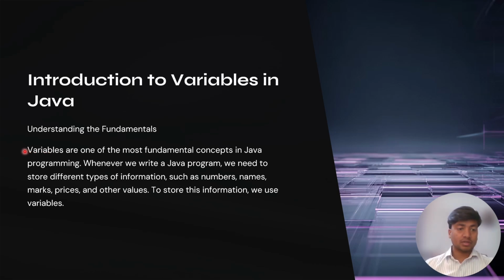Variables are one of the most fundamental concepts in Java programming. Whenever we write a Java program, we need to store different types of information such as numbers, names, or marks, or anything. To store this information, we use variables in Java. So let us continue from my next slide.